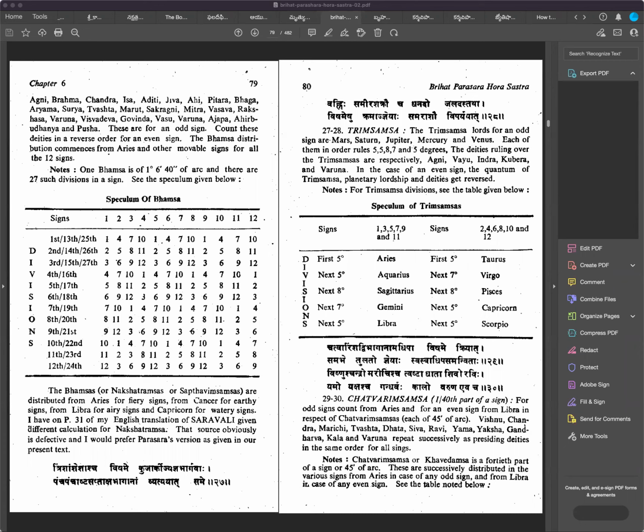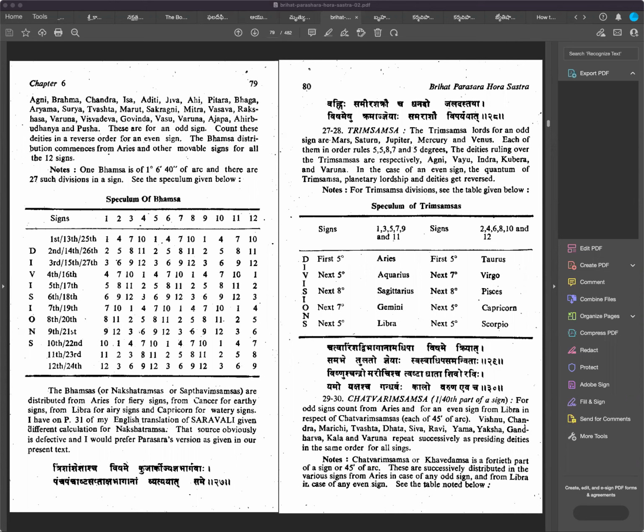So like that, we can see. If you go into the D30 chart, Trimshamsha, it mainly deals with the disease levels. Again, why is this divided into 5 parts?